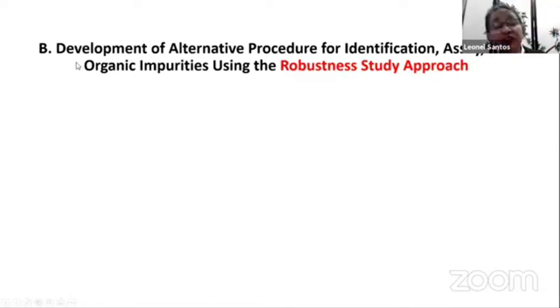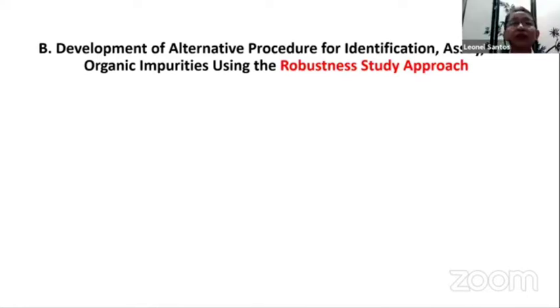If you're using the second strategy, which is developing an alternative procedure for identification tests, assay, and organic impurities using the robustness study approach: robustness is a test procedure or methodology where you examine the important parameters that affect your method.